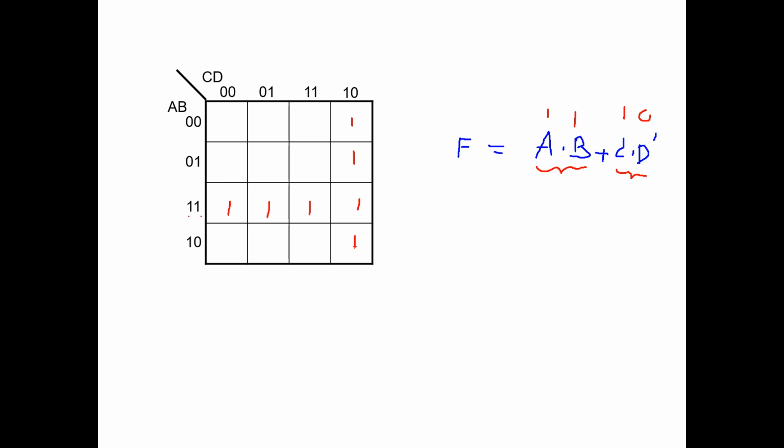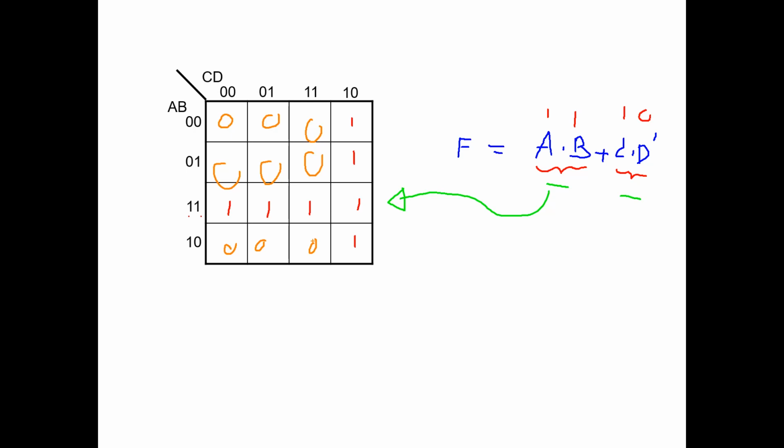So, if you have a function equation, you can write down 1 in the K-map. And for the empty cell, actually it gives 0 output. Everyone okay?